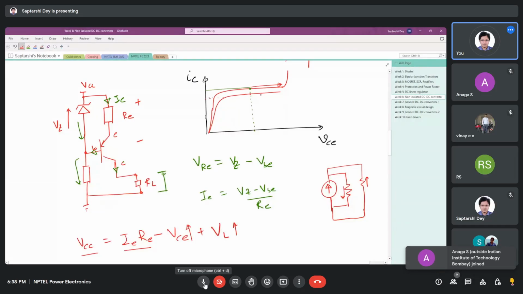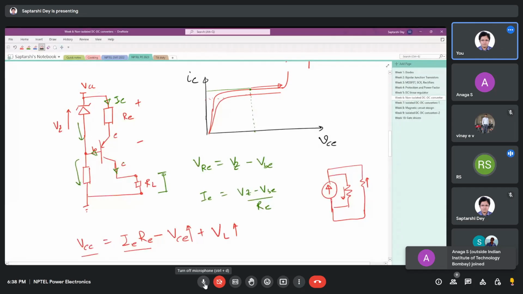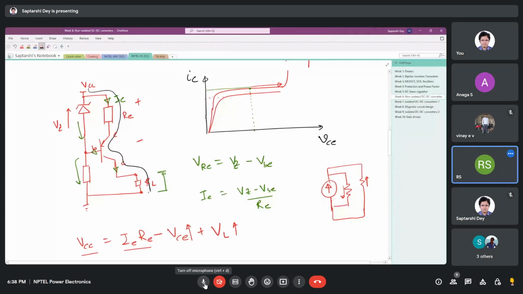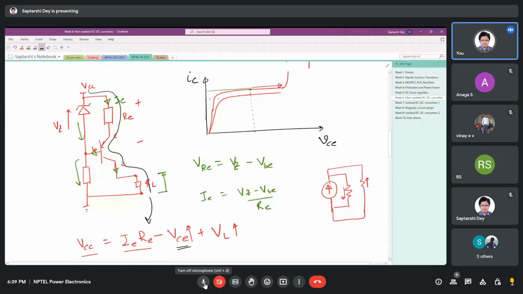You understood? What I did is I applied KVL in this loop, and that gave me this equation. VCC is constant, IE is practically constant. So increasing load resistance has to increase this VCE. So VCE means on the same characteristic we are moving this side.